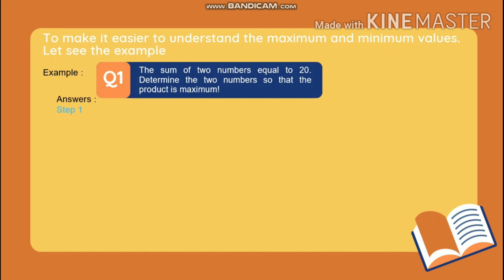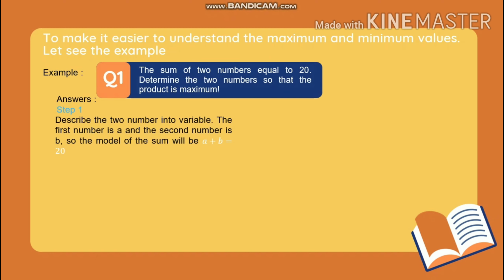And the answer, step 1, describe the two numbers into variable. The first number is A and the second number is B. So the model of the sum will be A plus B equal to 20.